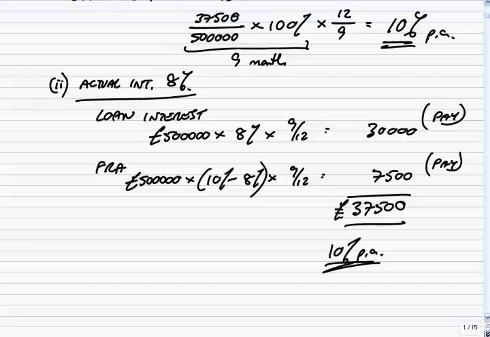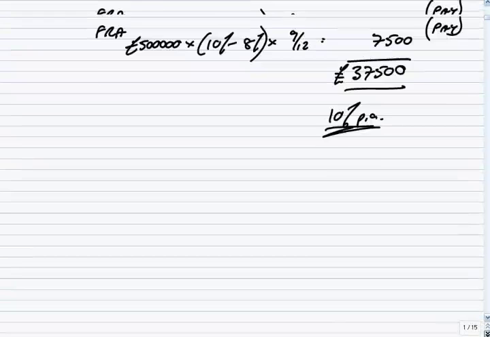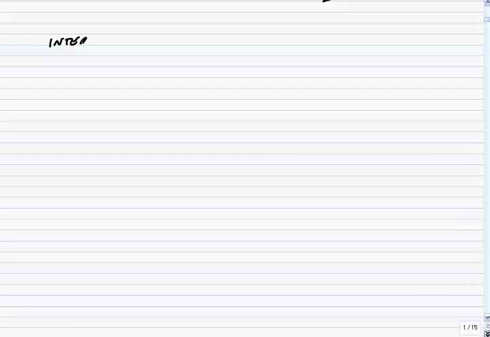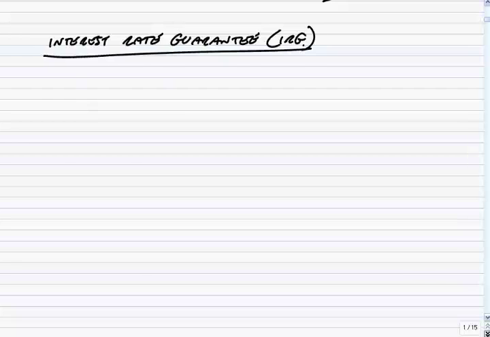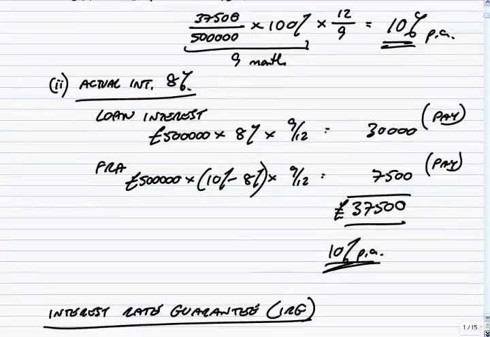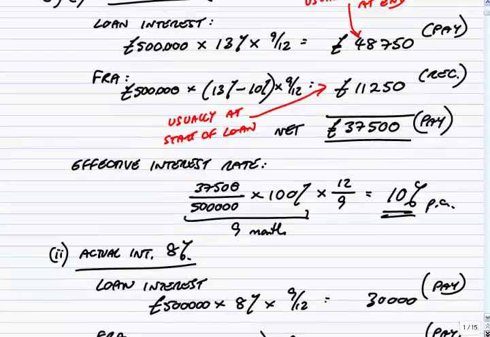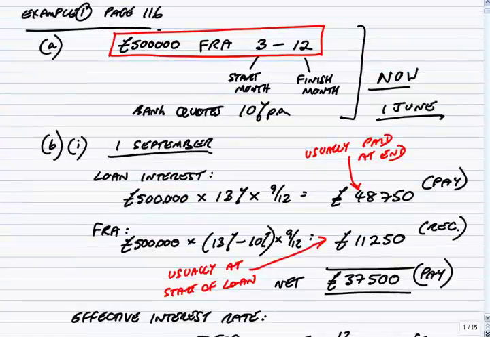Well, because that was an easy one, let's do the second one as well, which is equally straightforward, something called an interest rate guarantee, or an IRG. And what this is, well, when we did a forward rate, we'd fix the rate at 10%, and whatever happened, we had to pay 10%.